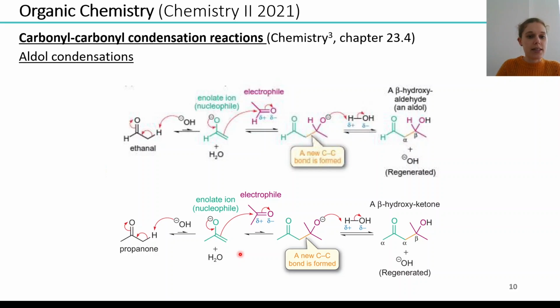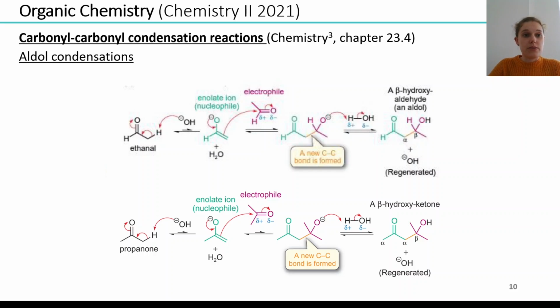Subsequently, the enolate ion acts as nucleophile and attacks the carbon atom of the carbonyl group of the remaining ketone, and hereby an alkoxide ion with a new carbon-carbon bond is formed. The last step is then again a protonation of this alkoxide ion. Hereby a beta hydroxyketone is formed, and also the hydroxide ion is regenerated.